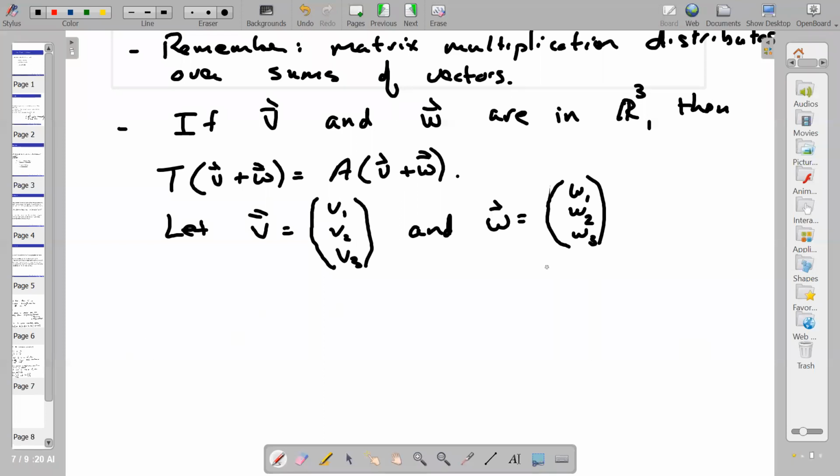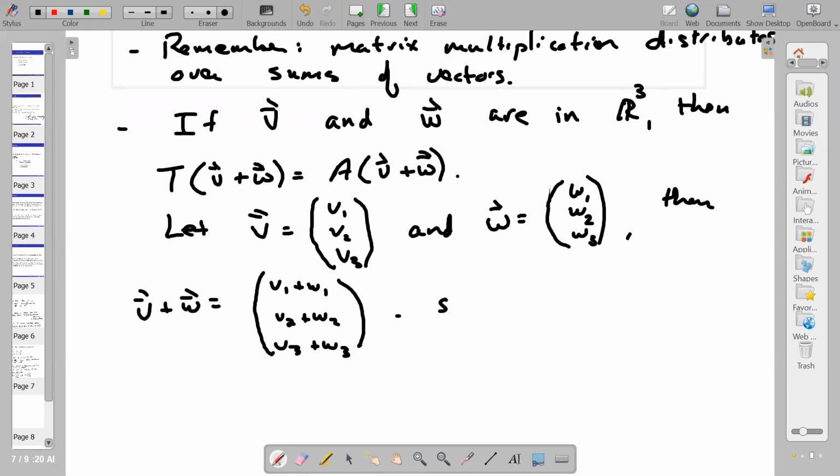So if you have v being this and w being this, then v plus w, you just add up things entry-wise, and you get v1 plus w1, v2 plus w2, v3 plus w3. The transformation on v plus w, the way that we've defined it, is A times v plus w.